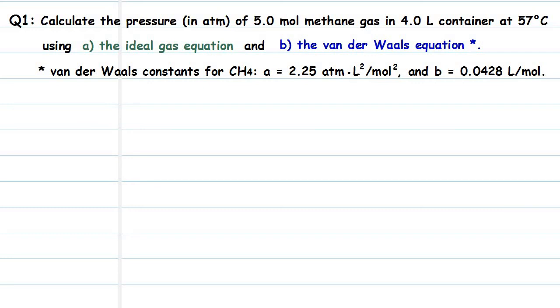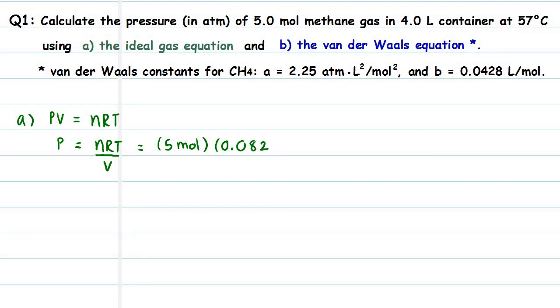We know that for the ideal gas, we have to use PV equal to nRT. And they're looking for P, which is going to be equal to nRT over V. Let's plug the values in. n is 5 mole. R is 0.082 liter atm per mole Kelvin.